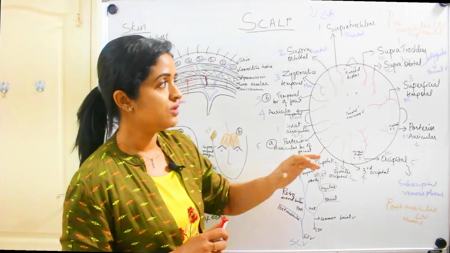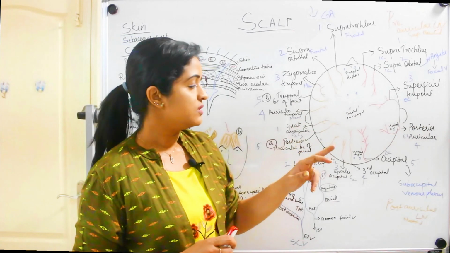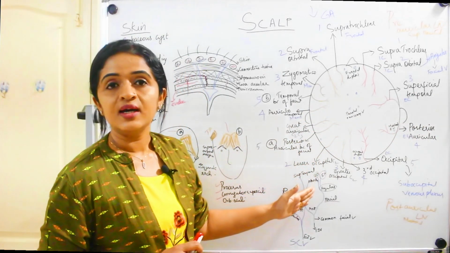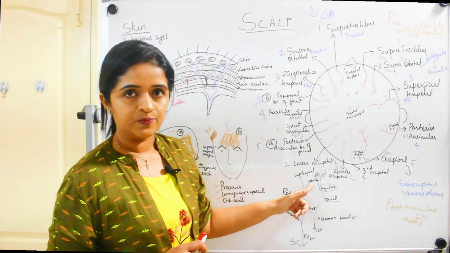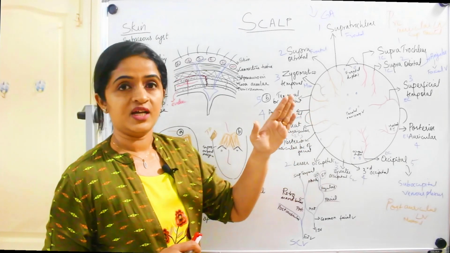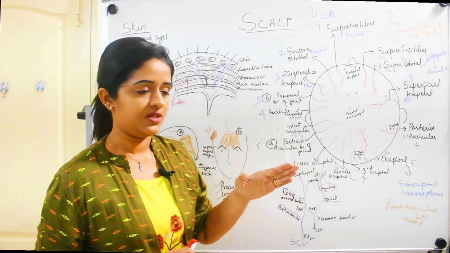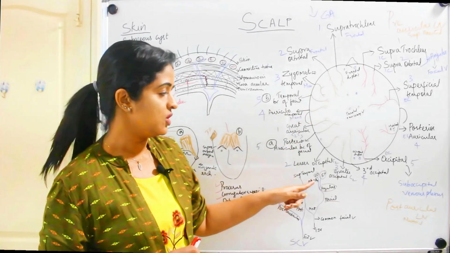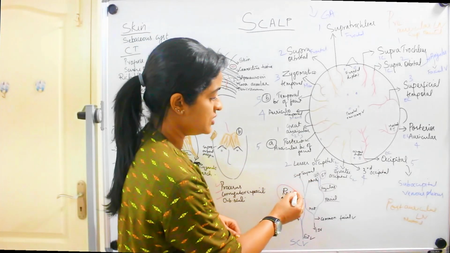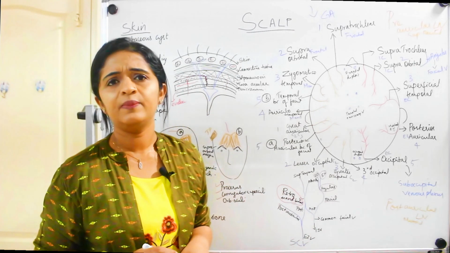Now comes the superficial temporal vein. What happens to the superficial temporal vein? The superficial temporal vein joins with the maxillary vein, which is the corresponding vein of the other terminal branch, the maxillary artery. The superficial temporal vein and maxillary vein together form the retromandibular vein within the parotid gland.